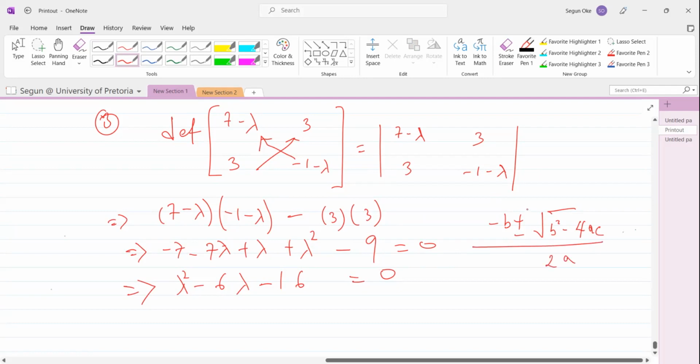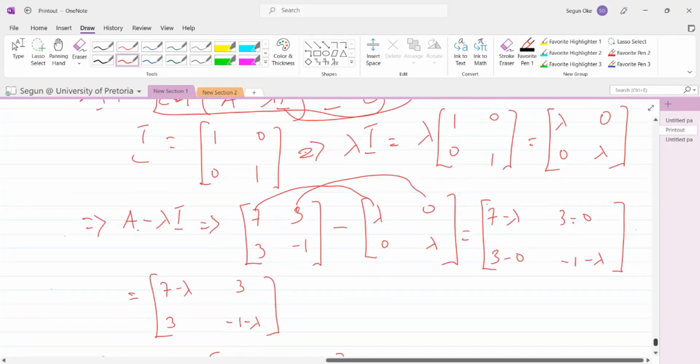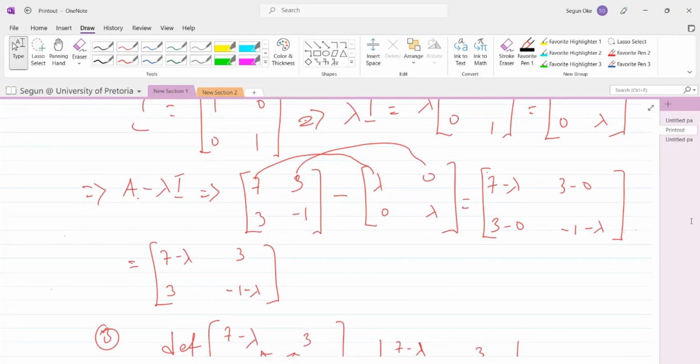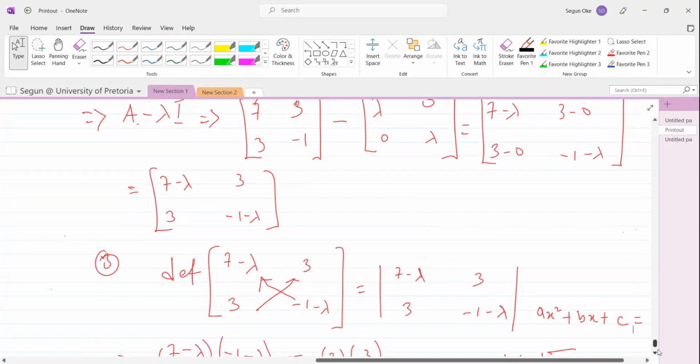At the end of the day, what we are using here is ax squared plus bx plus c, everything equals to 0. Right? You still remember that? Yes, sir. So we are coming from that angle. Everything equals to 0 here.